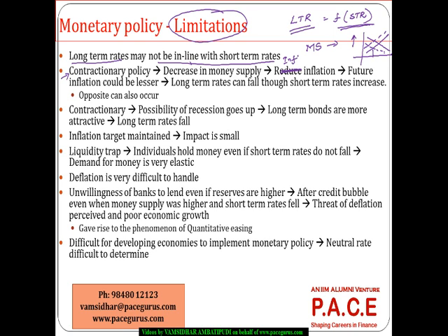But if people feel that the inflation comes down because of the contractionary monetary policy, the moment the interest rates are going up, people try to consume less and invest less, which results in the inflation coming down.